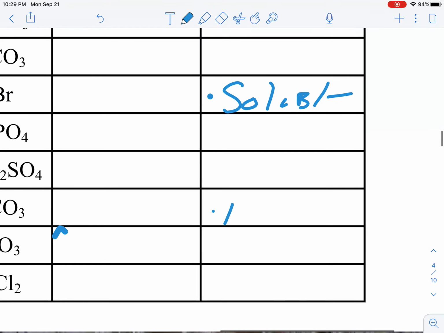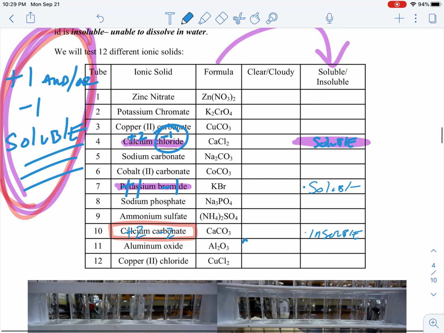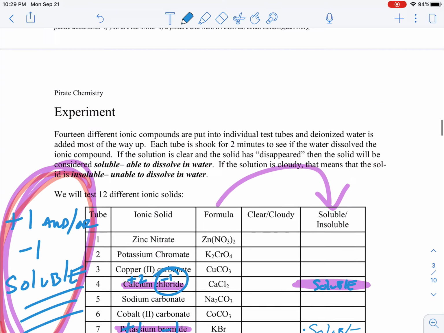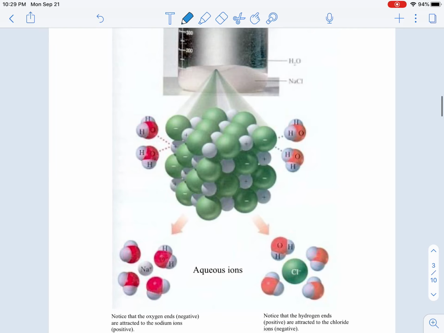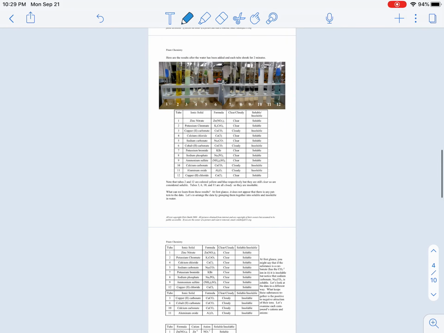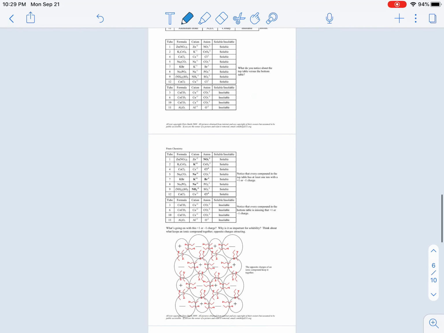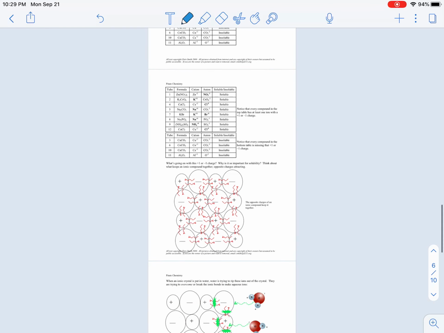So it'll be insoluble in water. It will not dissolve in water. So pretty simple. If it has a plus or -1, it will be soluble. Why? Because if it has a plus or -1, it's very weak, and then I can have that water come in and break it apart. And if it does not have a plus or minus 1, it's insoluble because it's very strong.